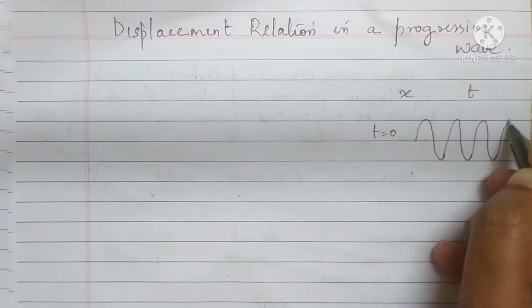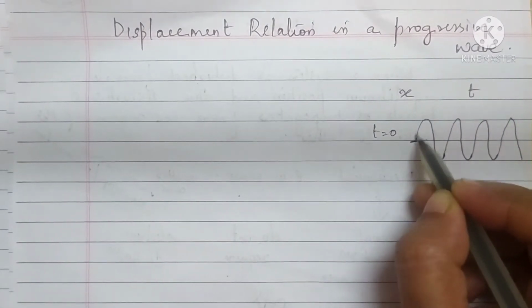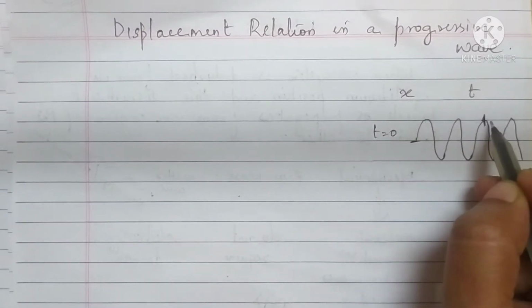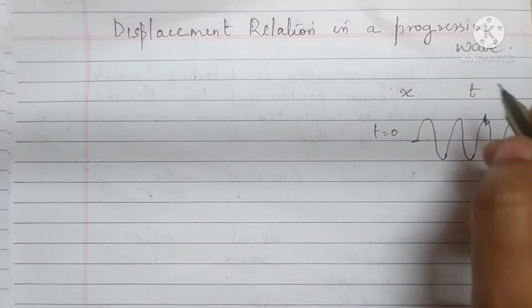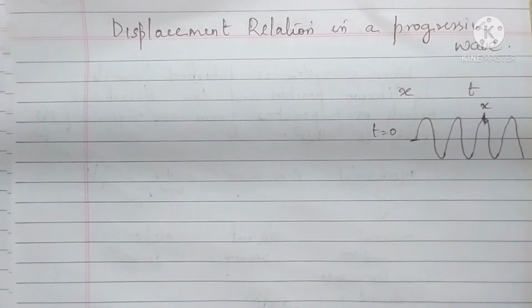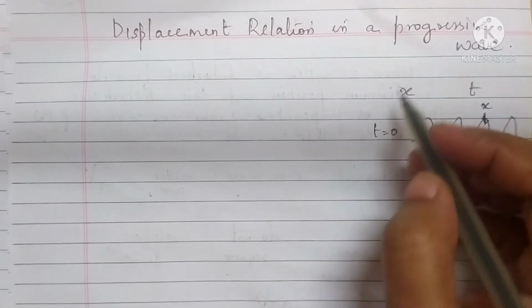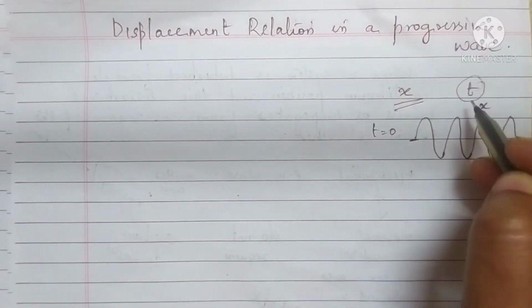Suppose from this point it traveled and after a time t it reached somewhere here, this is actually the position x of the wave. So in order to describe a traveling wave mathematically, we need two things: the position as well as time.